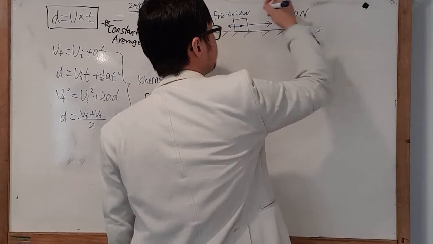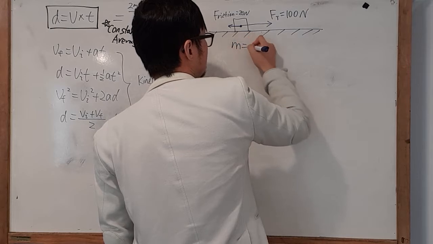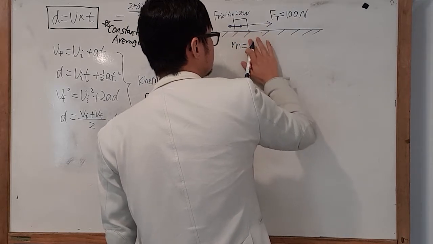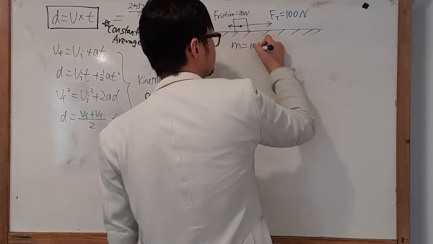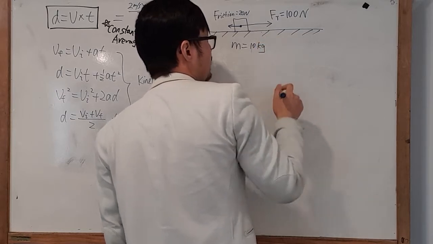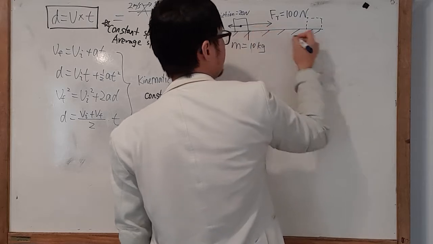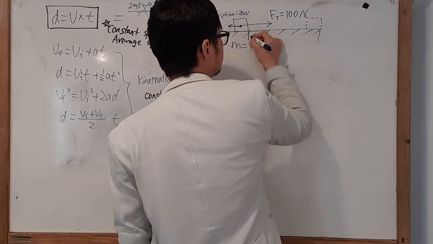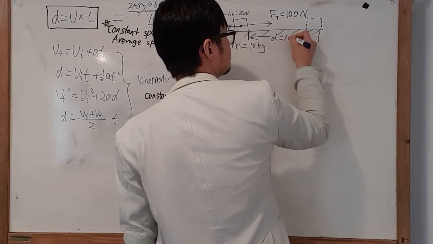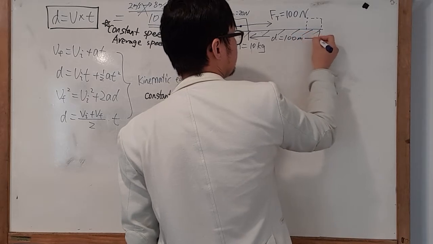The box has a mass of, say, 10 kg. The question says the box is pushed and reaches a point over here, and they give you a distance of 100 meters.